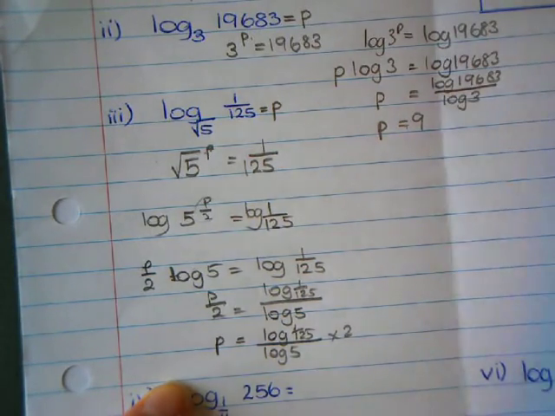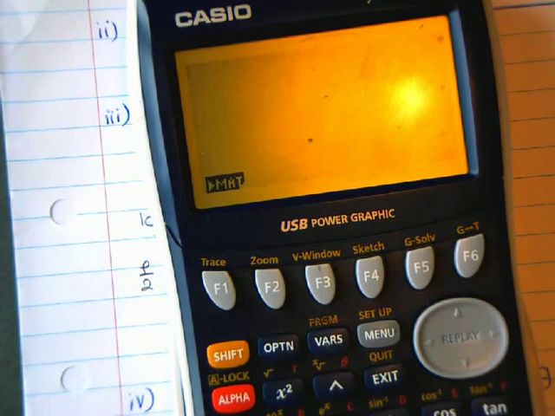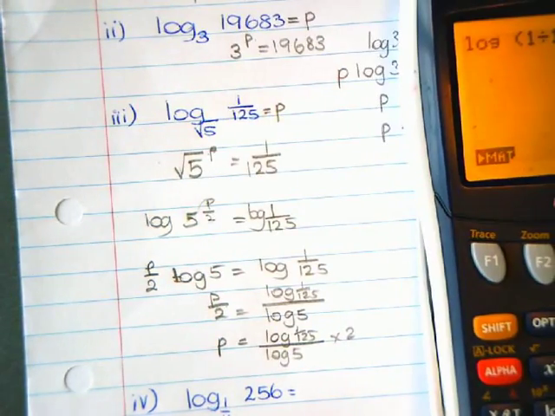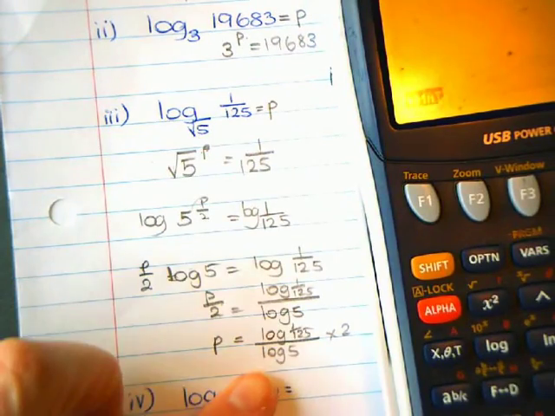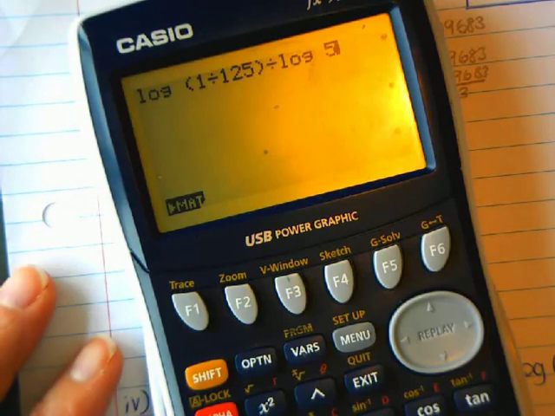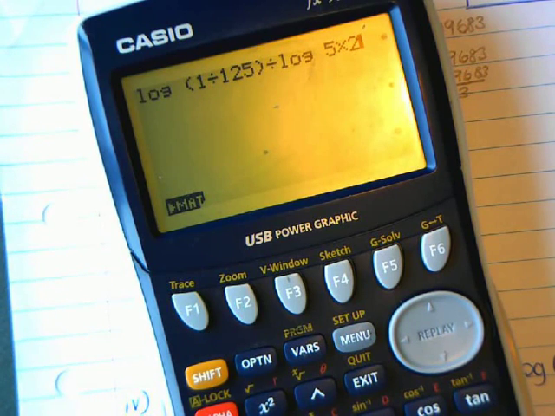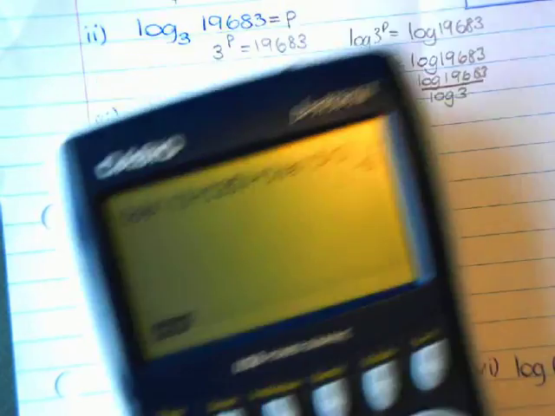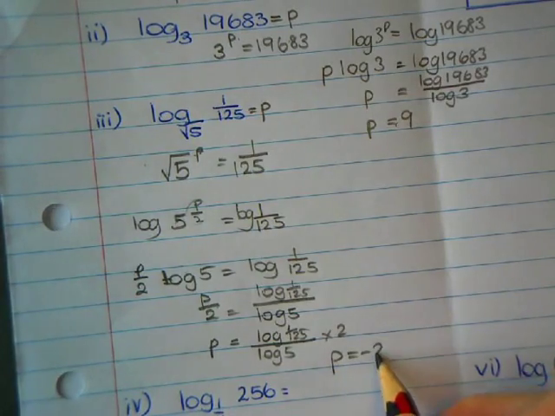Let's do that on our calculator, and we can do it in one go if we use brackets. So log 1 divided by 125, that's the first part. Divide that by log 5. Then we need to times that all by 2. And we should get the answer -6. So write that in: P equals -6.